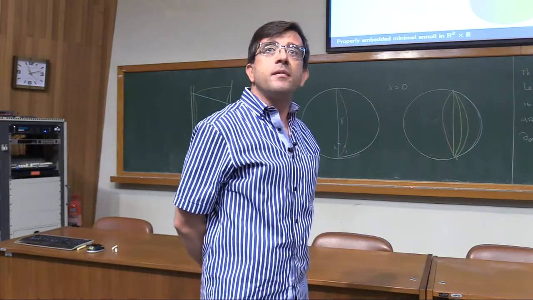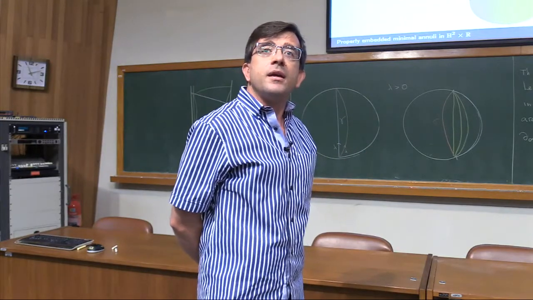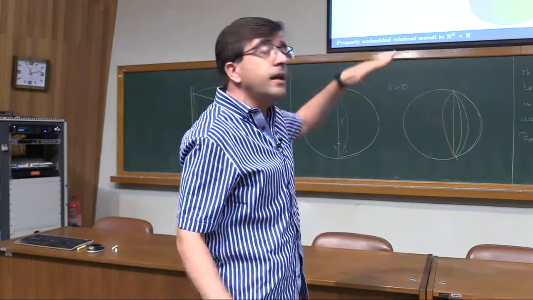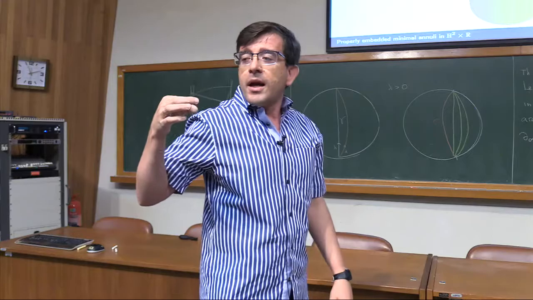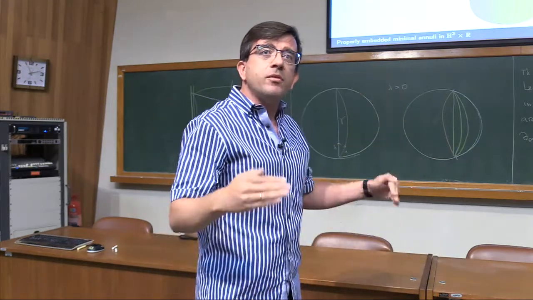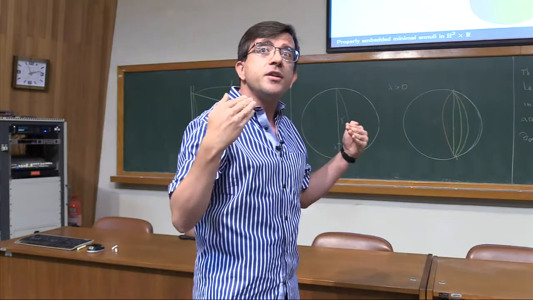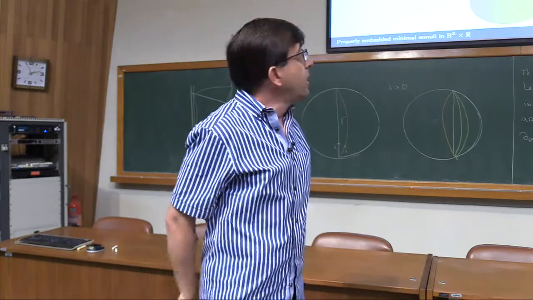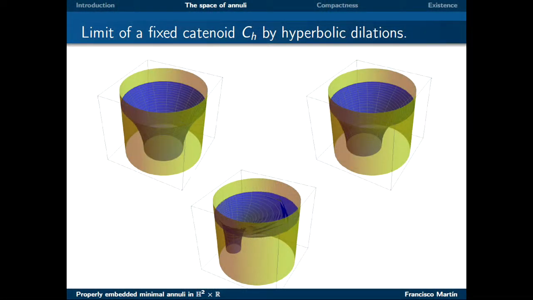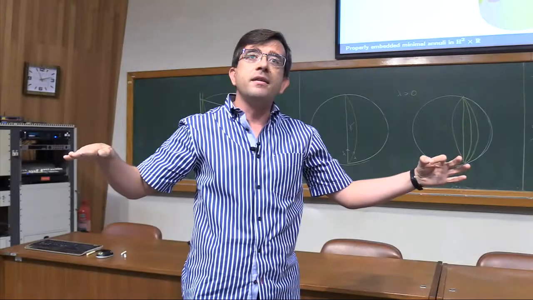So this is pretty far from being a diffeomorphism, but also from being proper, because what is the limit when you apply dilations of ratio bigger and bigger? What is the limit when the ratio lambda of this dilation goes to infinity? The limit consists of two horizontal disks joined by a segment at infinity.